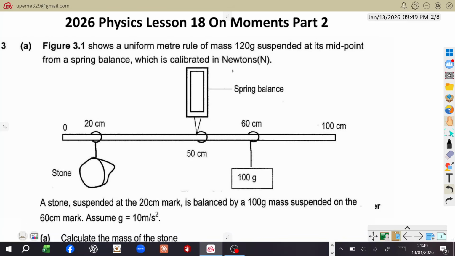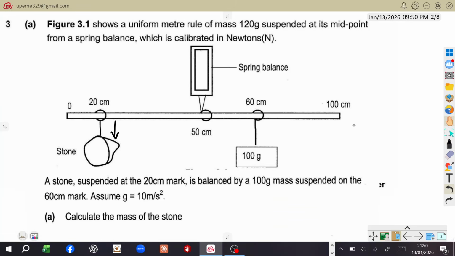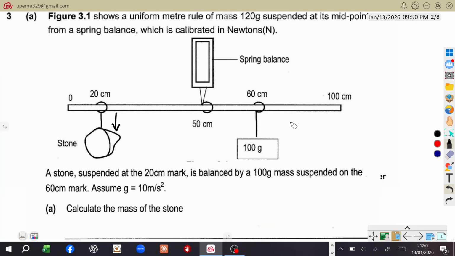These 2 things are pulling down, so there is this mass going down, then also this mass going down.